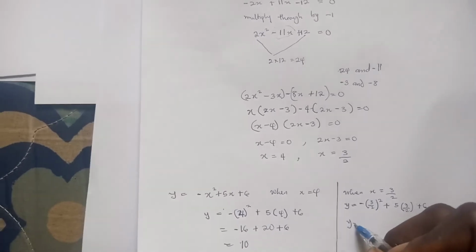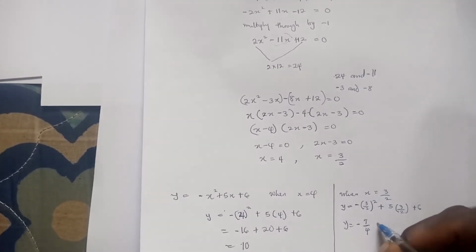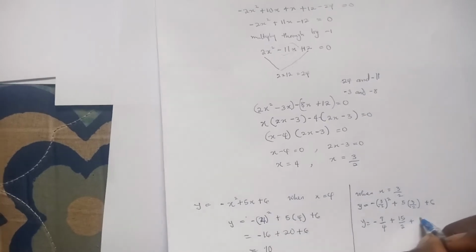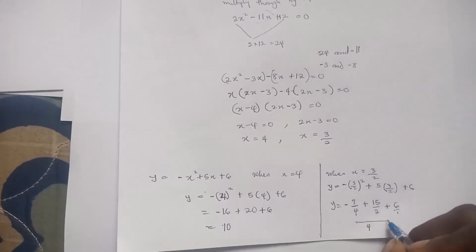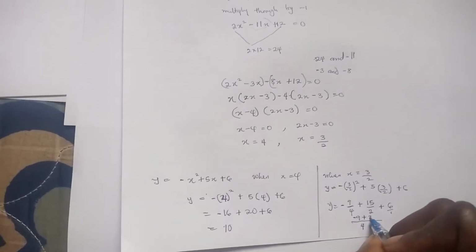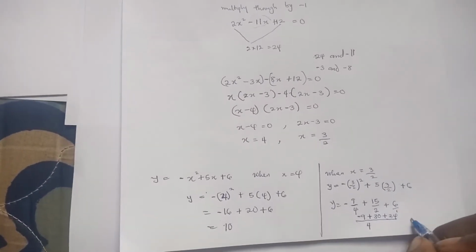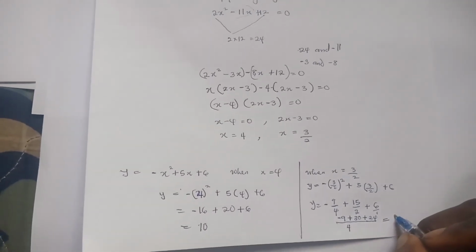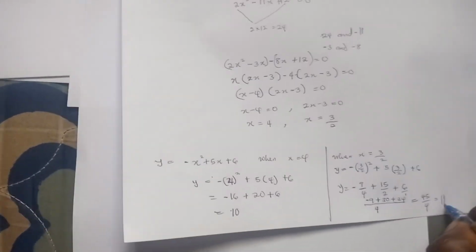So this one will now be y is equal to minus 9 over 4 plus 15 over 2 plus 6 over 1. So our LCM here is 4. So this one will be minus 9 plus 30 plus 24. So if you solve this, 54 minus 9, that should give us 45 over 4, which is equal to 11 and 1 over 4.